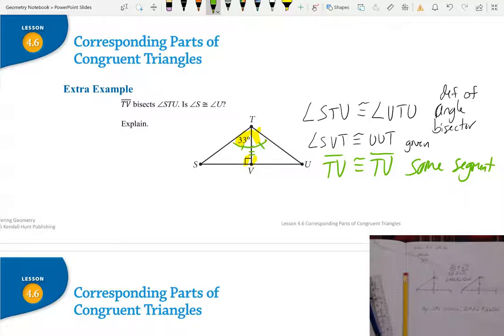And there you go. So it looks like the triangles are congruent. So triangle STV is congruent to triangle UTV because of angle side angle. So now I've shown the triangles are congruent. So the question is angle S congruent to angle U?